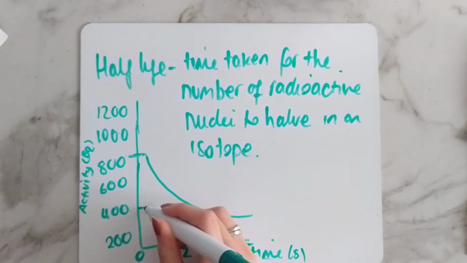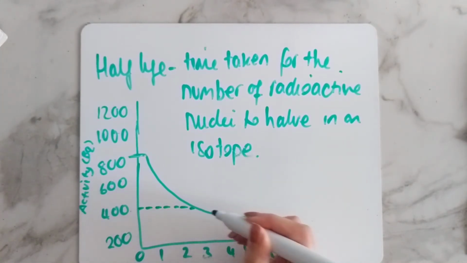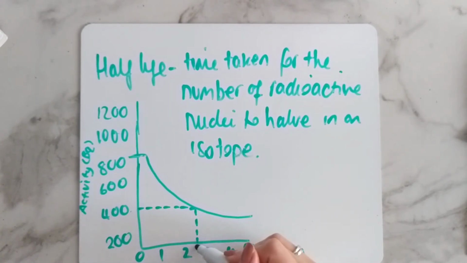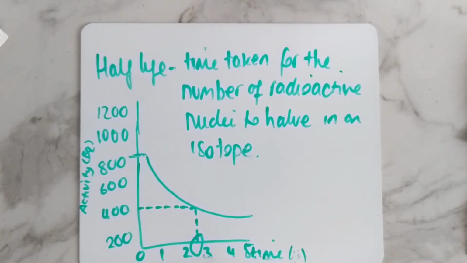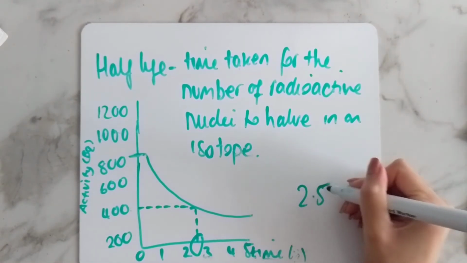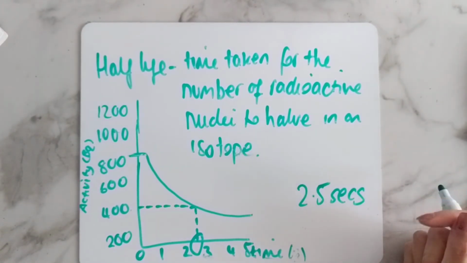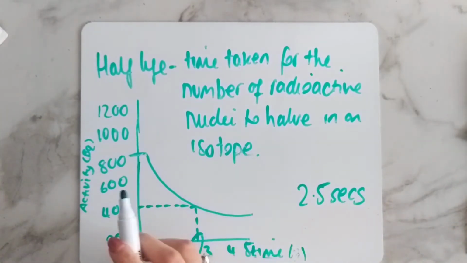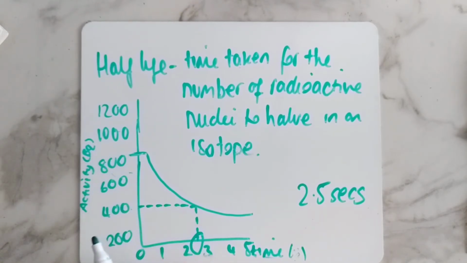So what you do is draw a dotted line from 400 until you hit your line and then go down. This is my half-life, the time taken for the number of radioactive nuclei to halve in an isotope. It's 2.5 seconds according to my graph. And that's all you have to do. Just halve the number that you're given here.